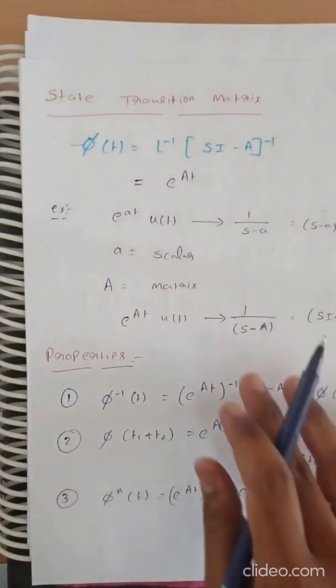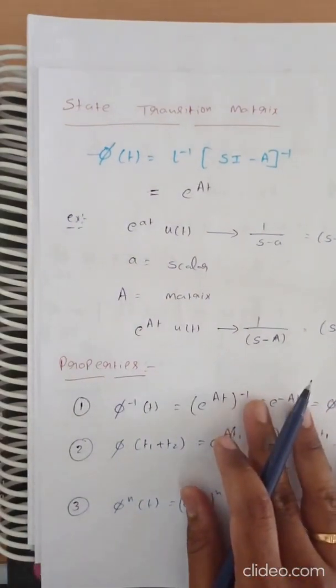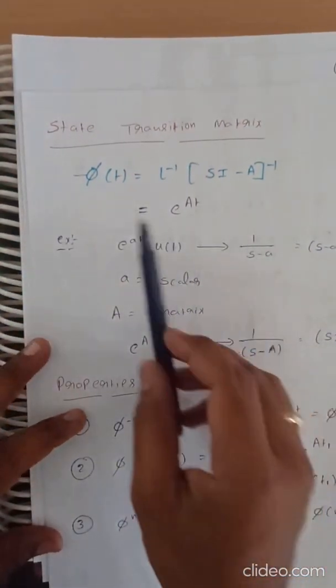What is the state transition matrix and what are its properties?